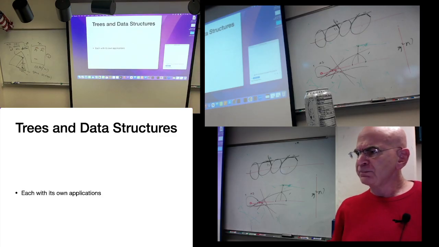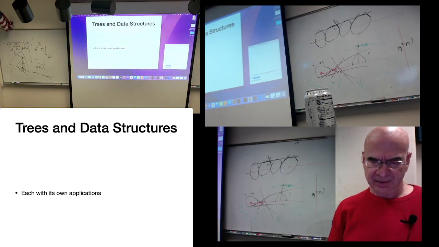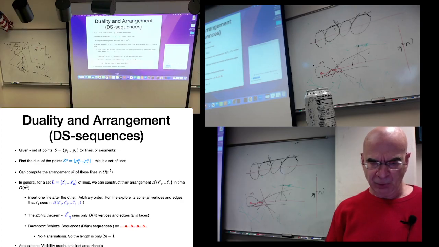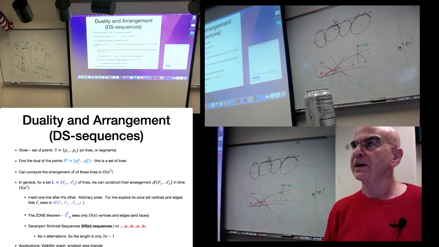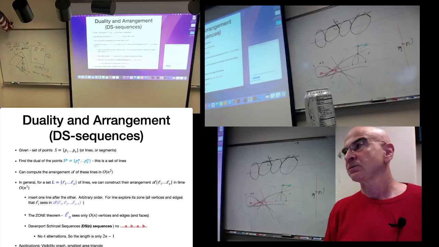We had the motion planning that I don't have on these slides, but remember that actually one of the practice questions that I had for you in homework 6 or 7 is to use DS sequences to argue that if you have objects which are pseudodisks, then every face has a small complexity.